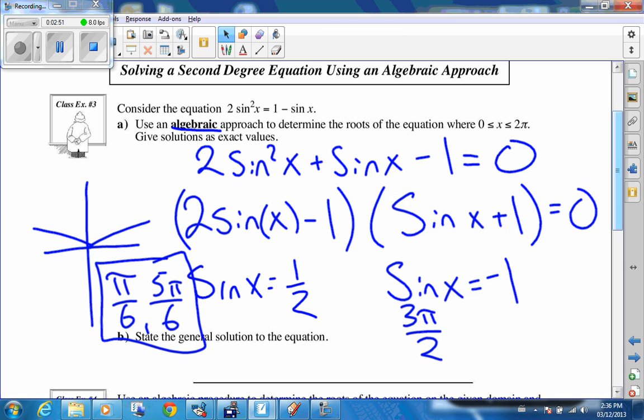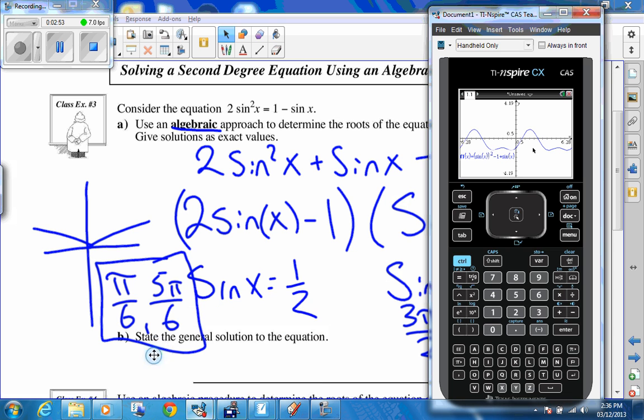So let's see if those match up to my things here. And they don't seem to. That's funny. Anyhow, let's do this.